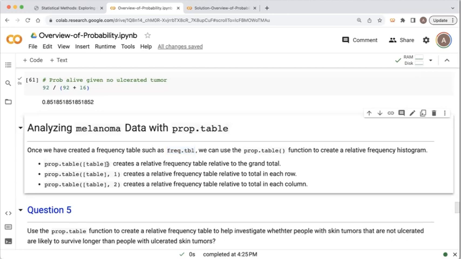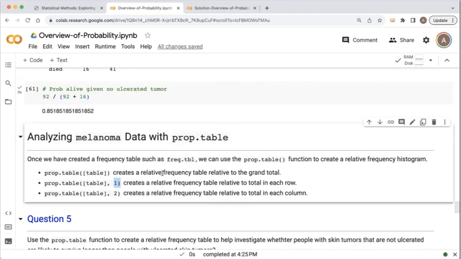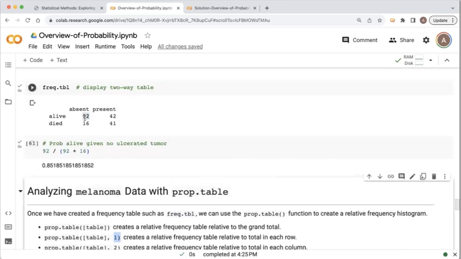And depending on whether we put no second option or a 1 or a 2, recall this gives us proportions relative to different totals. So this first one would give us all of the probabilities relative to the same grand total of 191. Putting an option of 1 is going to give us proportions relative to the total in each row.